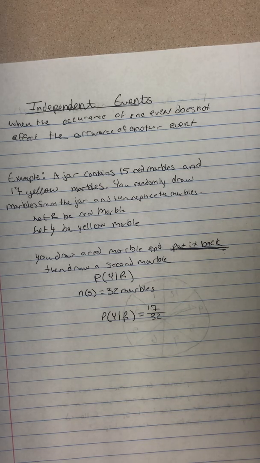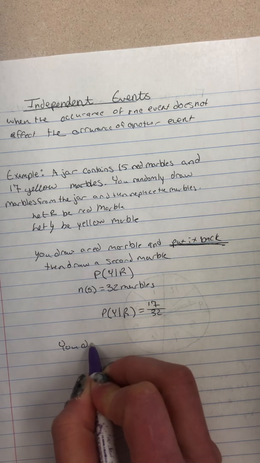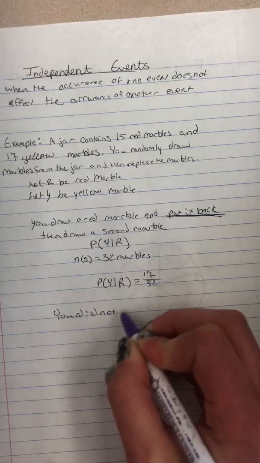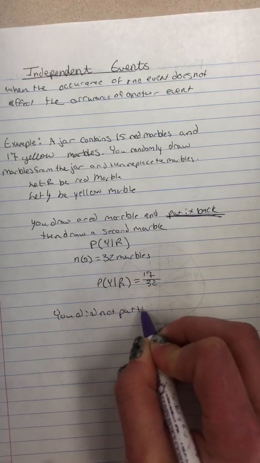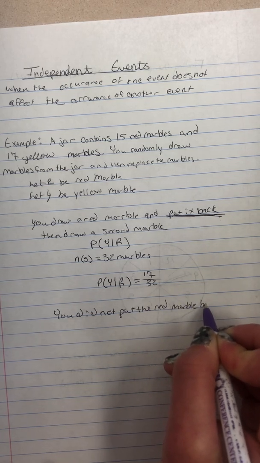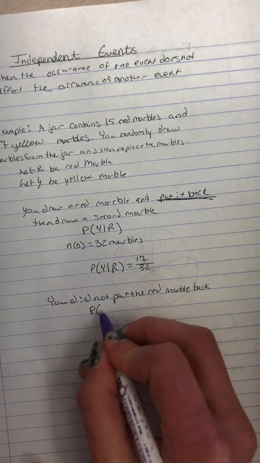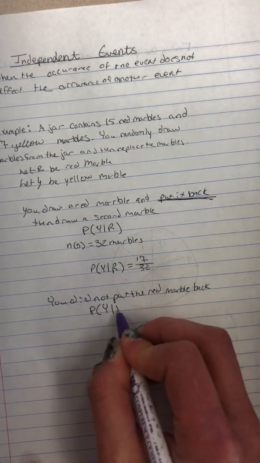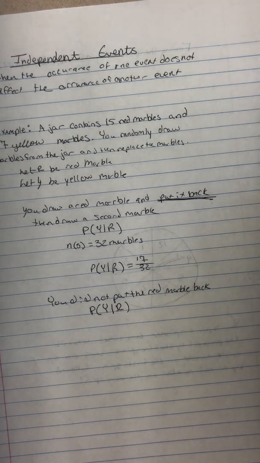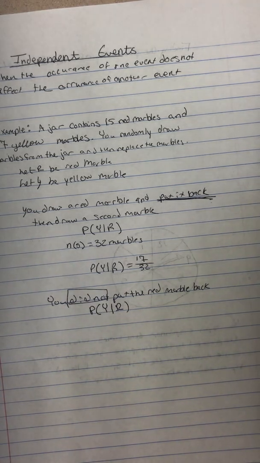Well, what if I suppose that I did not put the red marble back? We want to find the probability of the second marble being yellow, given that you did not put the red marble back.